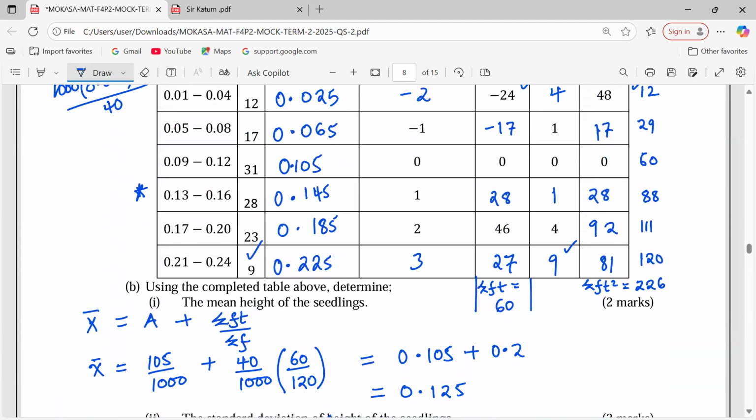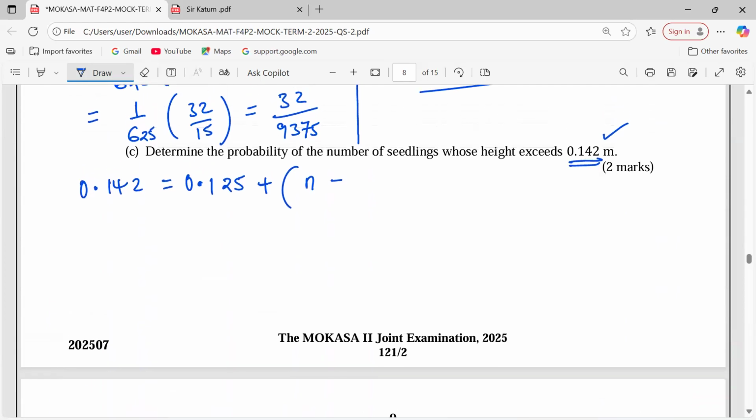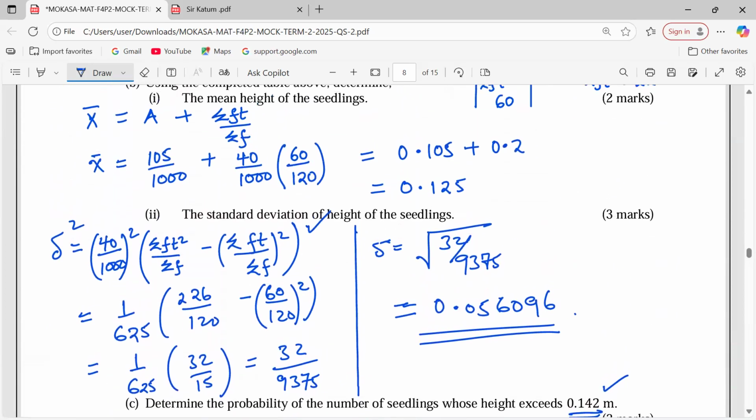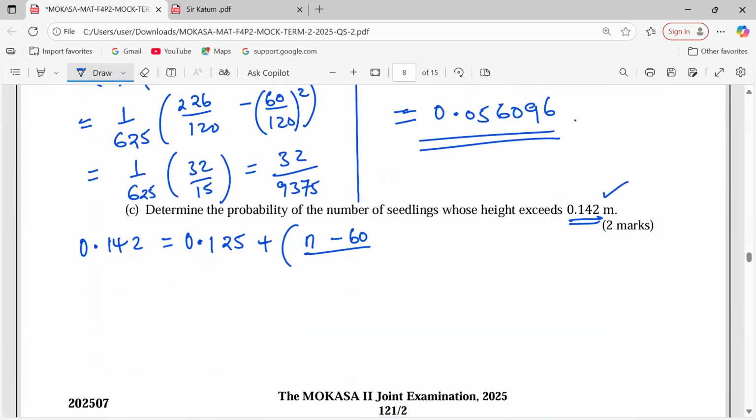So the cumulative frequency before this class, below this class, is 60. Then divide by the frequency of this particular class. The frequency of this class is 28.